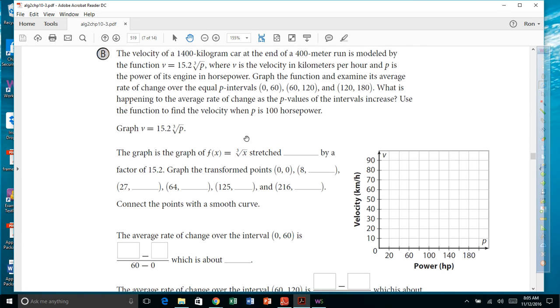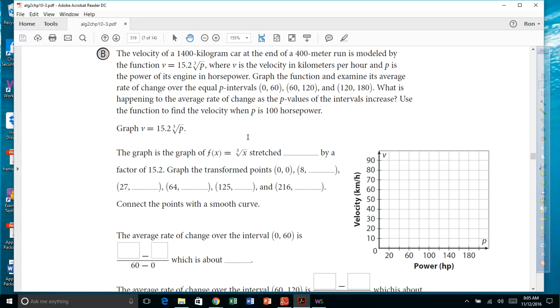B: The velocity of a 1,400 kilogram car at the end of a 400-meter run is modeled by the function V equals 15.2 times the cube root of P, where V is the velocity in kilometers per hour and P is the power of its engine in horsepower.